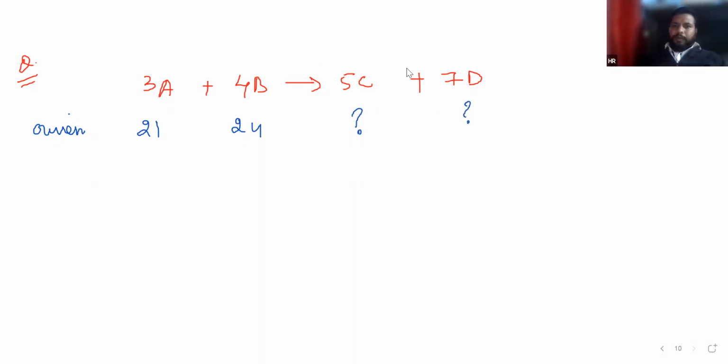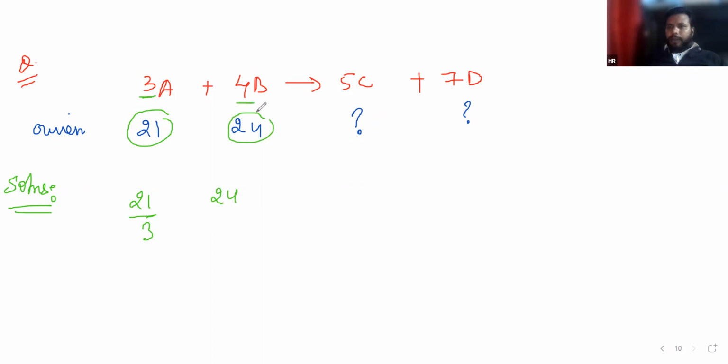Okay, now according to our trick, take the solution. What is the given mole? 21. What is the coefficient of A, Krishna? 3, sir. What is the given mole of B? 24. What is the coefficient of B? 4, sir.